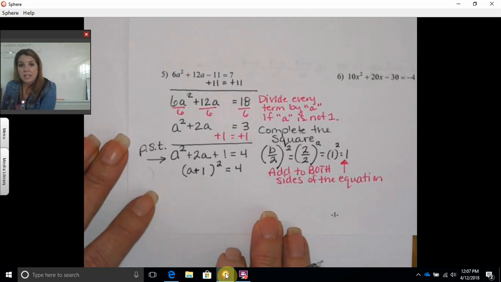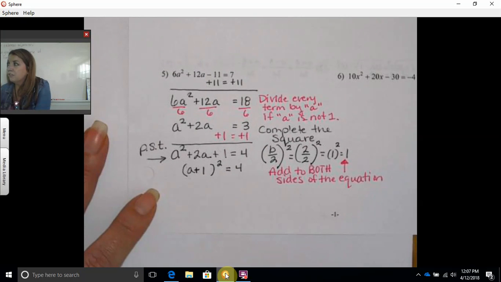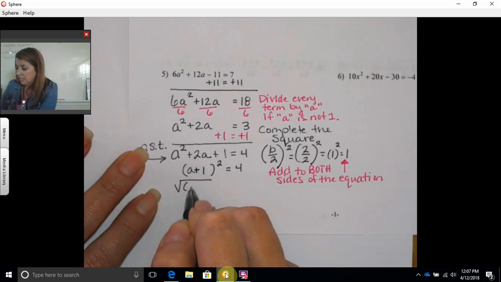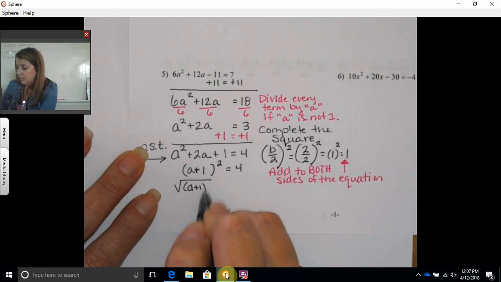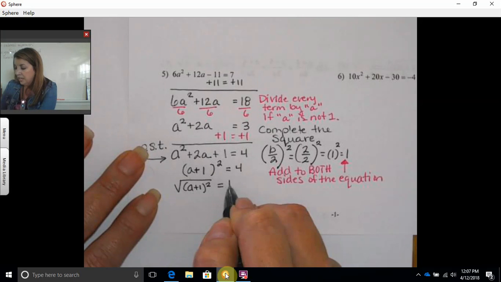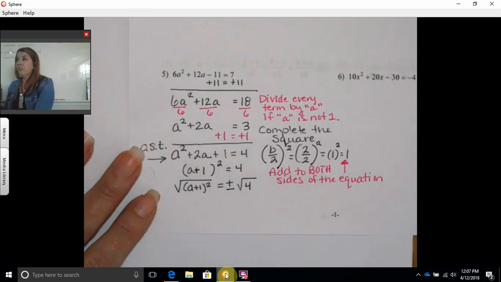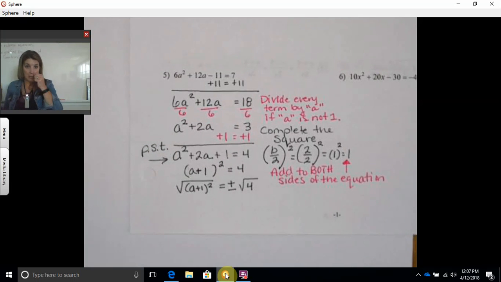Okay. I'm still trying to solve for A. It's inside parentheses that are being squared. How can I undo that? Square root. So I'll take the square root of a plus 1 quantity squared. Don't forget you take the positive and negative square root of the other side of the equation, the side that doesn't have the variable you're solving for.